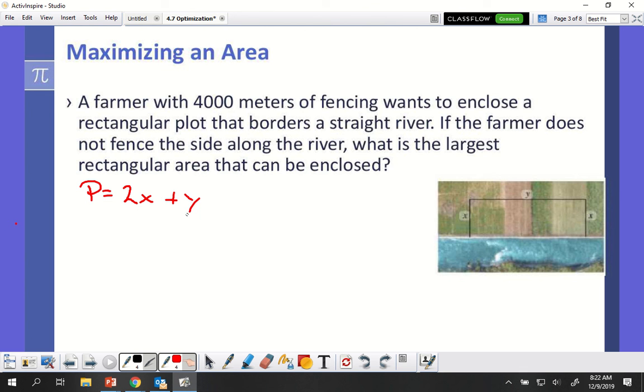But my total perimeter, do I know what my total perimeter is? Yes. 4,000 meters. Yeah, that's my total amount that's going to go around it, all right? So that's super important. So I'm going to write that 4,000 meters is equal to this. So this is my perimeter part of the function.